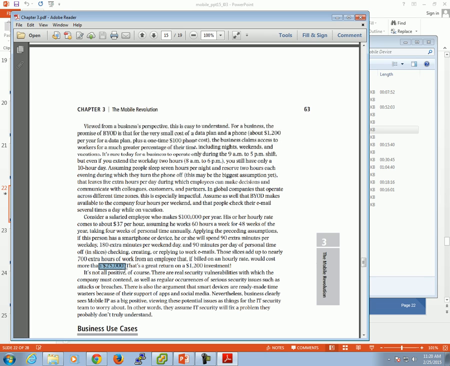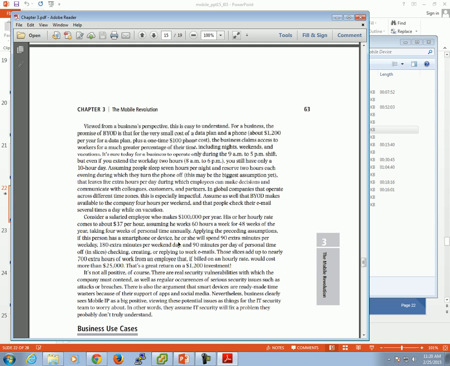So instead, they spend $1,200 on the device, which is a lot cheaper now. So what's happening is they're spending money on the device and giving it to you for free, and then you're being a lot more productive, and they're not having to pay for it. So it's kind of weird, isn't it?